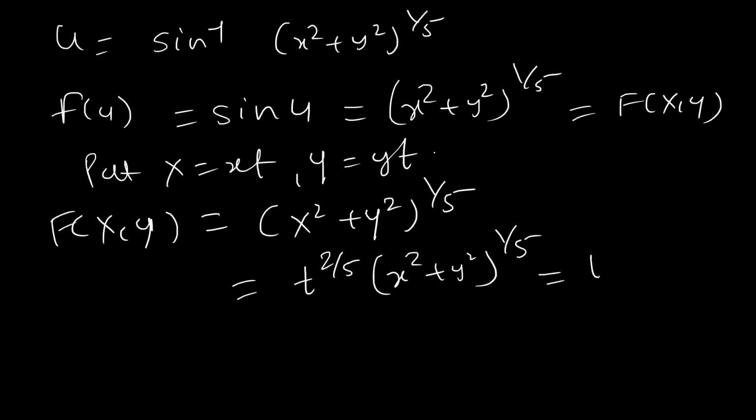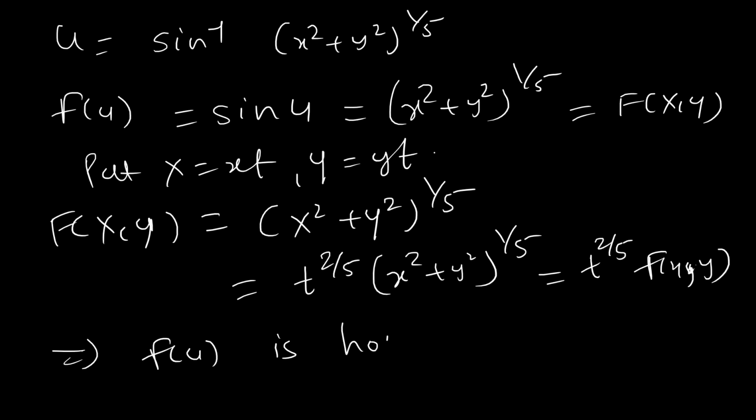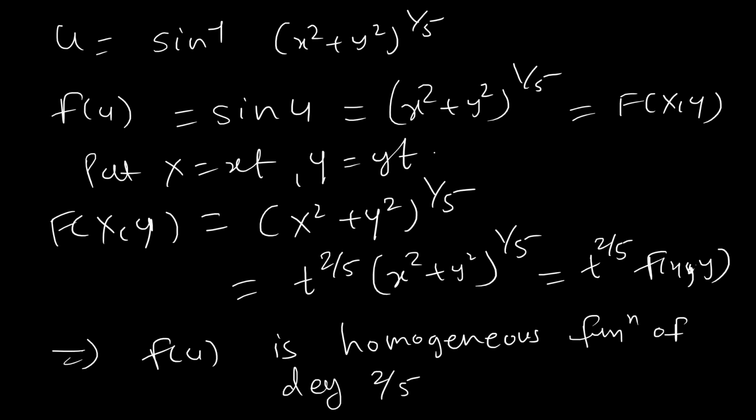That is t raised to 2 by 5 f of x y. So this implies f of u is a homogeneous function of degree 2 by 5, isn't it?